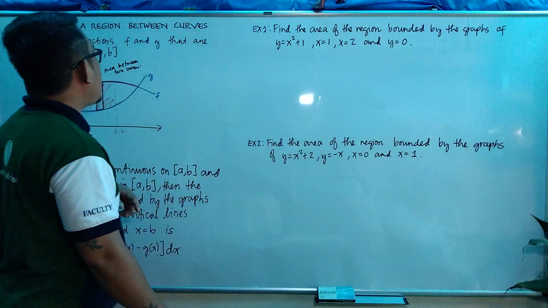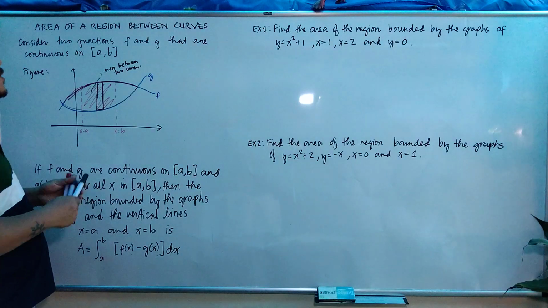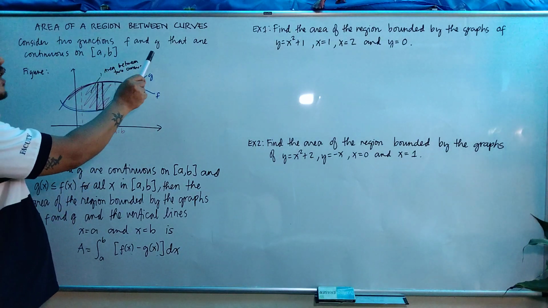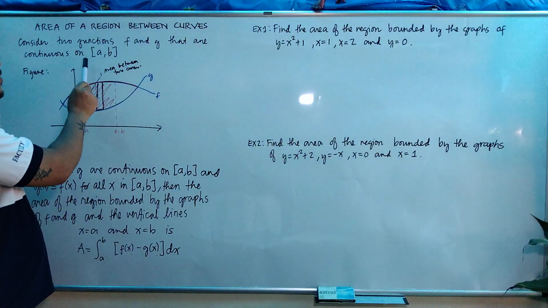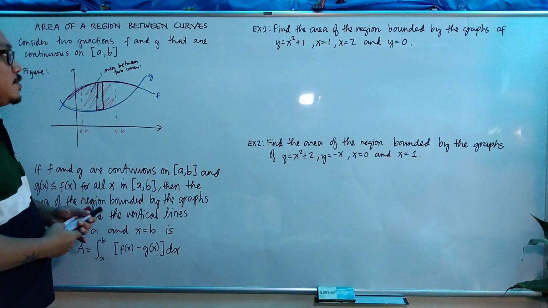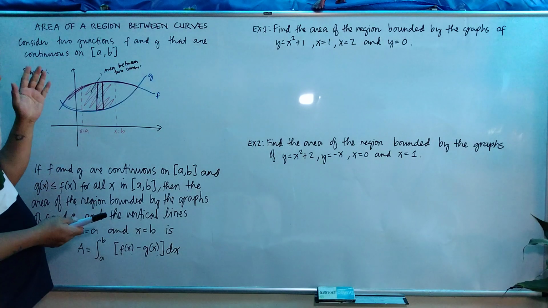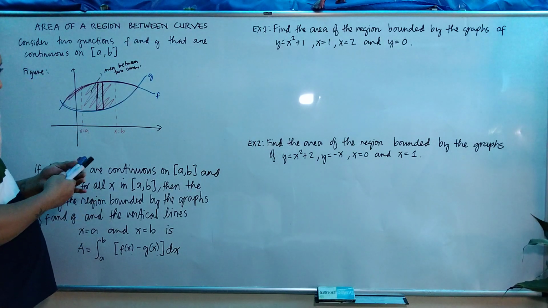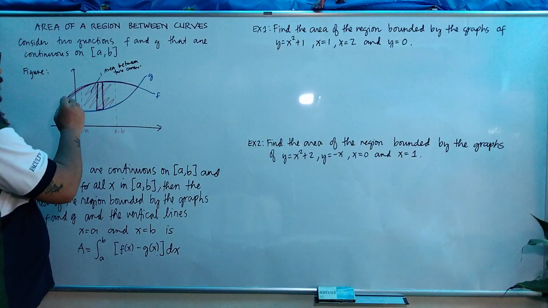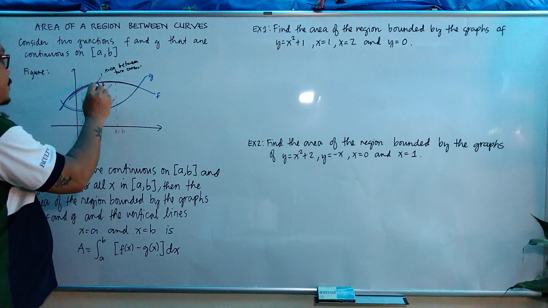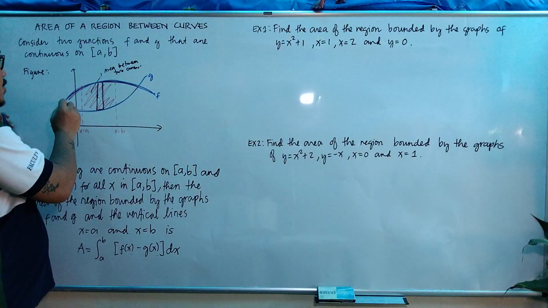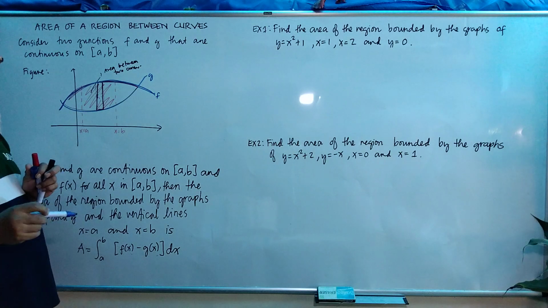Okay? So, here we need to consider two functions f and g that are continuous on the closed interval AB. So, suppose natay duha ka function nga f of g. So, kung ato siyang i-graph, okay, so this is your f. This is the graph of f. Then, si g dayon katong naa dito sa kuan.